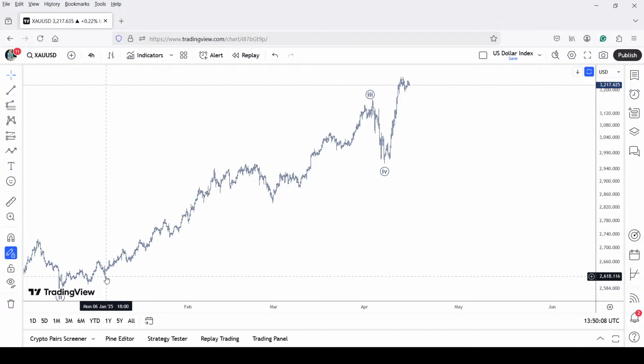All right. But I think it could be possible that we might be in the last wave of the minute wave 5 and subsequently minor wave 5 towards 3260, 3270 mark, or we might be in wave 1 of 3 within the minute wave 5 extension.